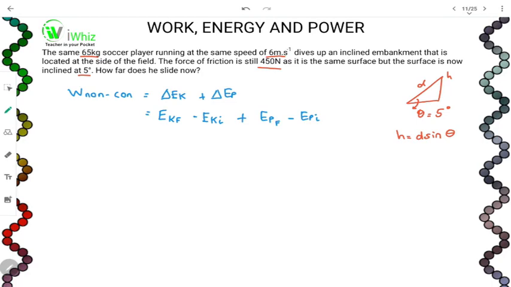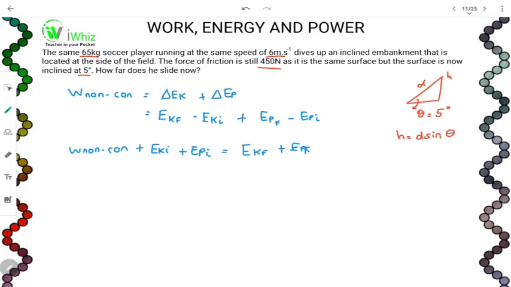So when we look at this, if we only wanted the final energy and the final potential and kinetic energy, can I then say work of the non-conservative force, if I bring the plus on the negative on this side, I get plus energy kinetic initial. Bring the negative on this side, plus energy potential initial is equal to energy kinetic final plus energy potential final. So what do we know?